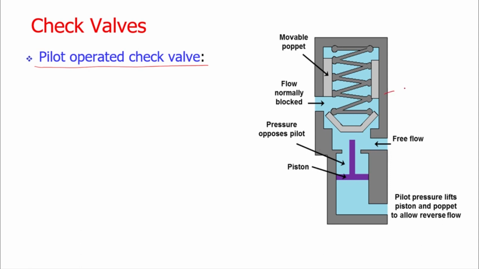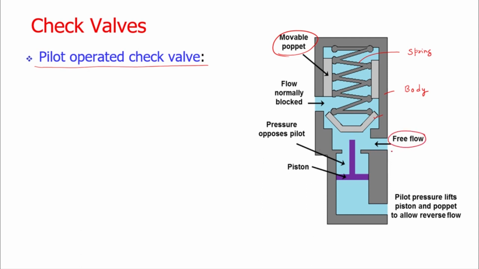It has the body of the valve, and inside the body we are having a poppet. This poppet is having the spring. The poppet is movable. We are having the inlet.